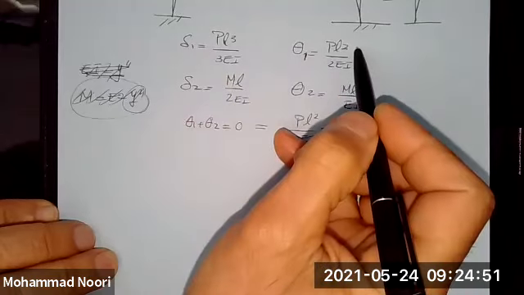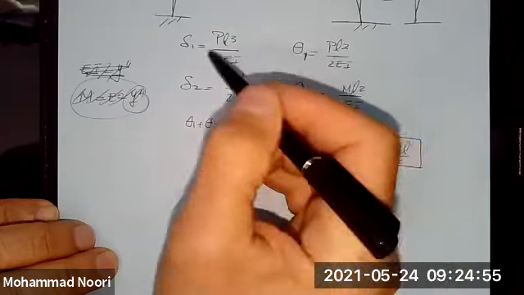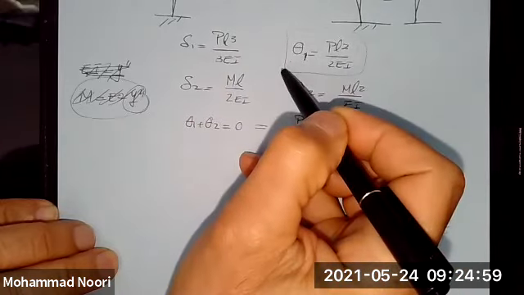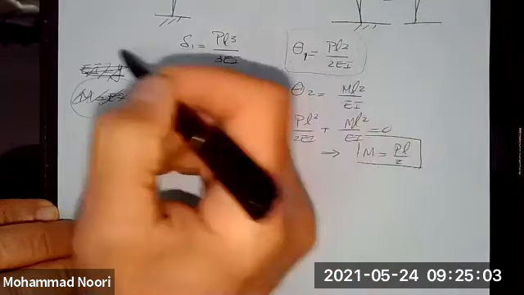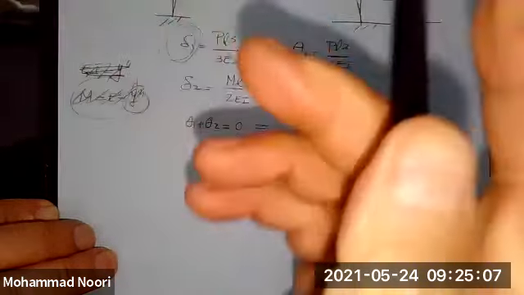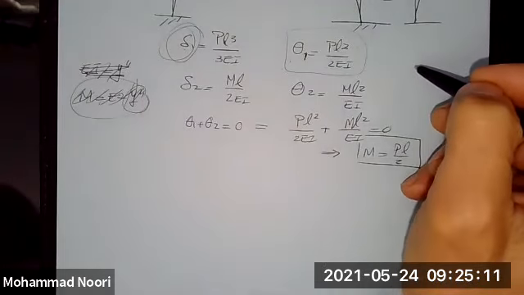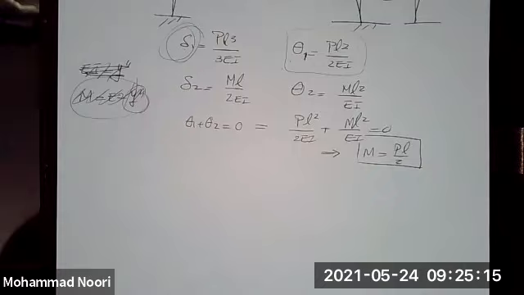This is L cubed, this should be L squared. But your variable of integration is not delta or theta, it is u. Delta is what you derive from that EI y double dot. But yeah, that's what it's going to be.